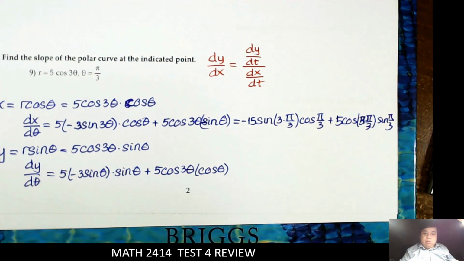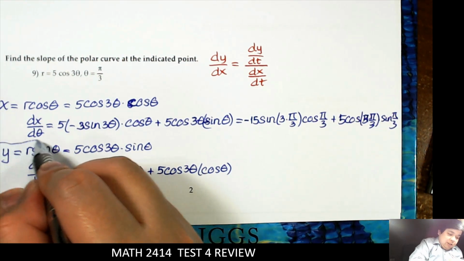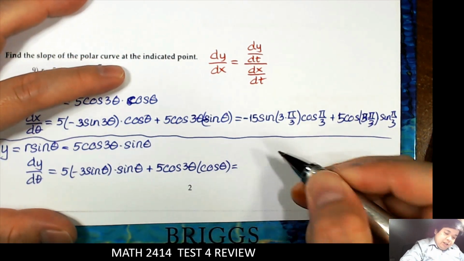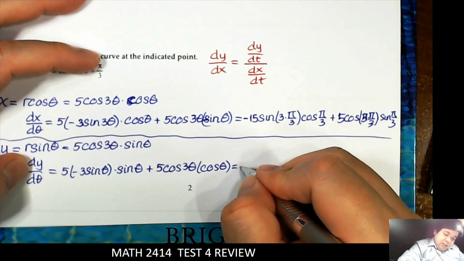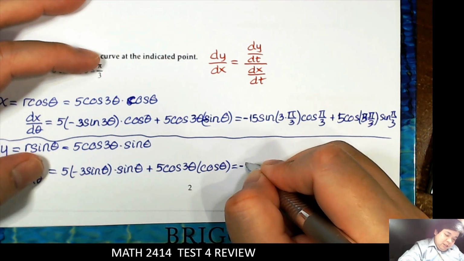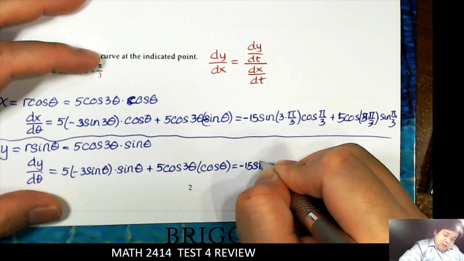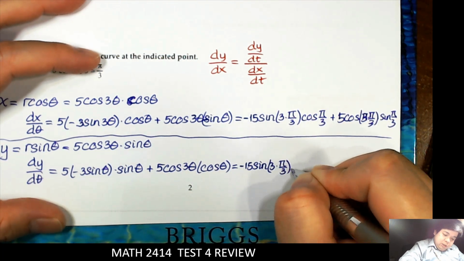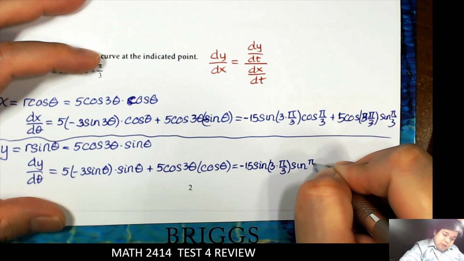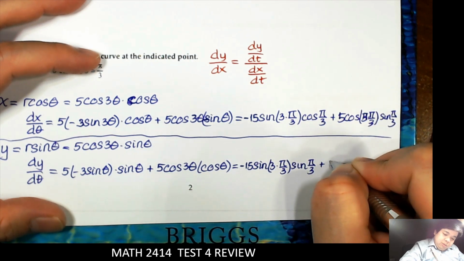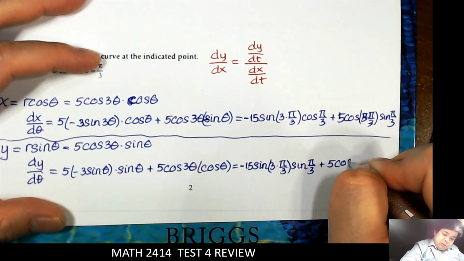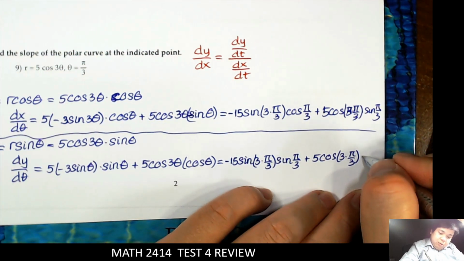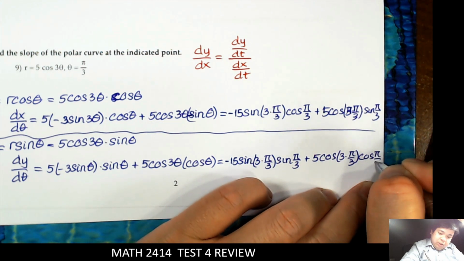Sorry, can't pronounce that. And then dy over d theta is negative 15 sine of 3 times pi over 3 times sine of pi over 3, plus 5 cosine of 3 pi over 3 times cosine of pi over 3.